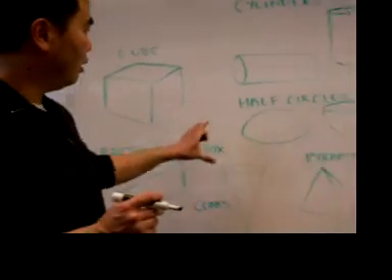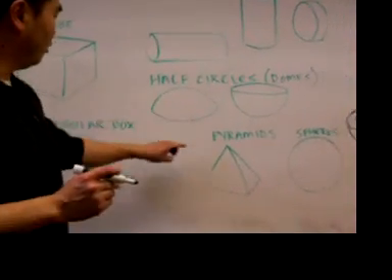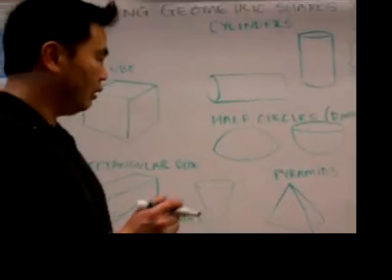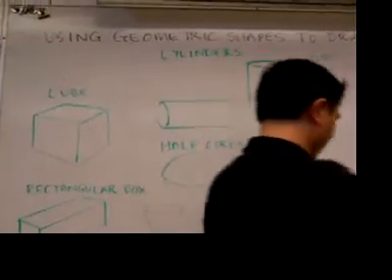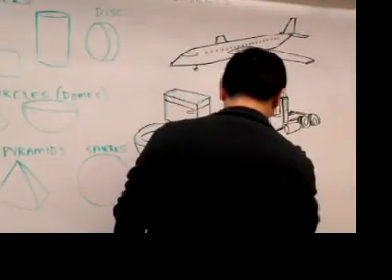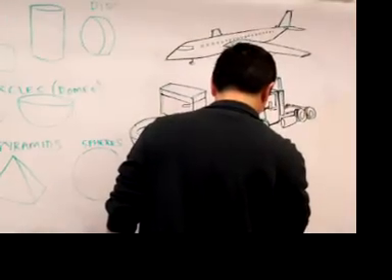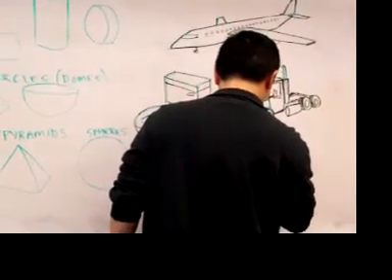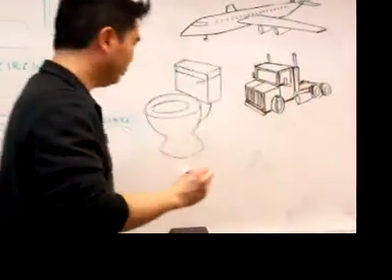Okay. What shapes haven't we used yet? We haven't used pyramids. Okay. Pyramids. Oh, here's another vehicle that we can use a pyramid for. This pyramid.